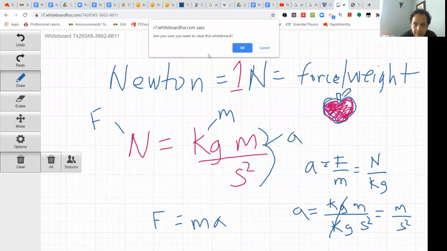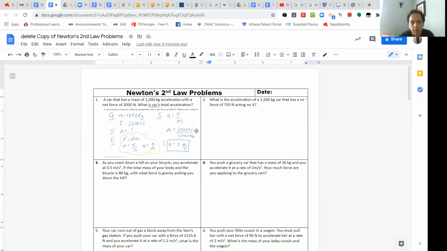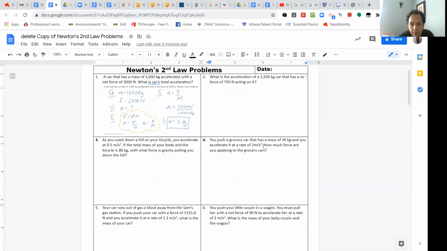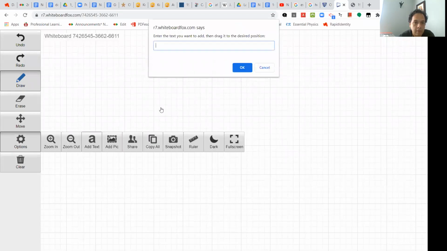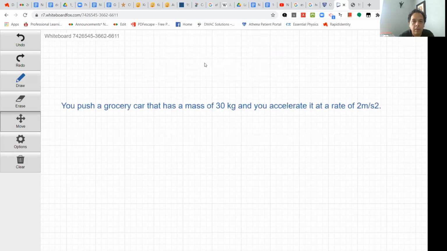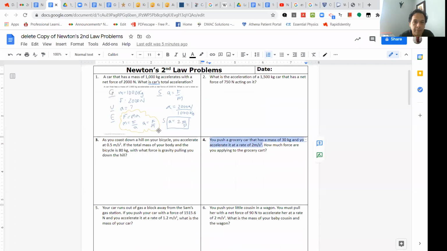Clear all. All right, let's do another example. Let's do number 4. Let's copy that. This is just another way to get all the text in there without it going off the page.